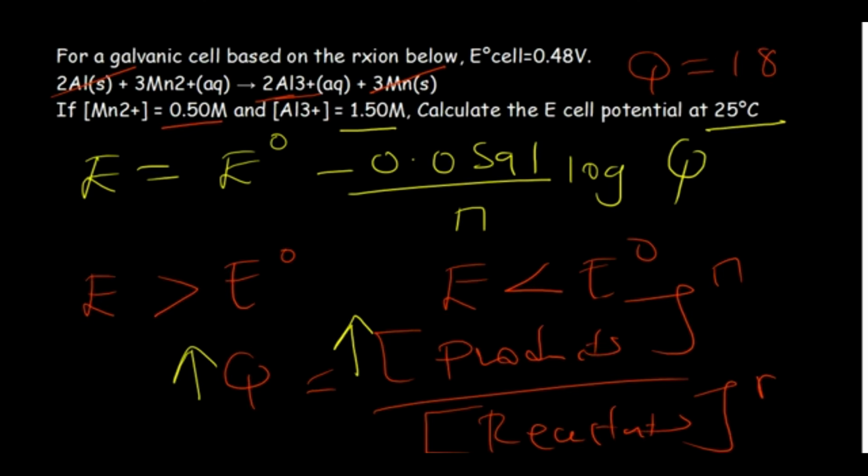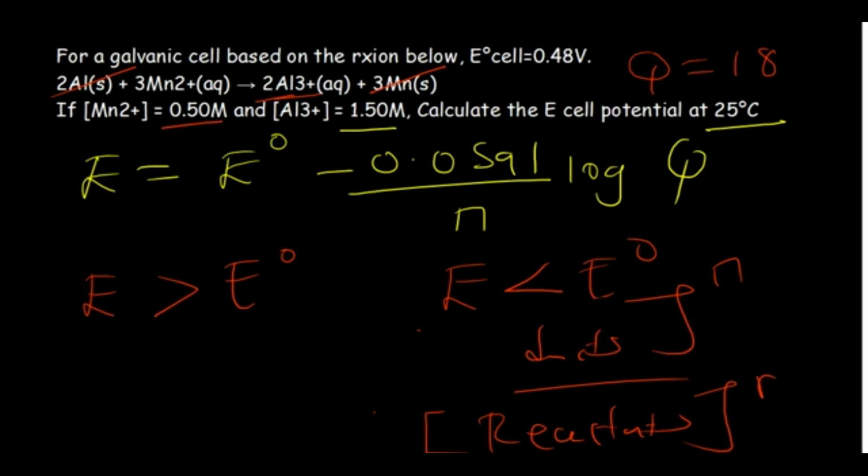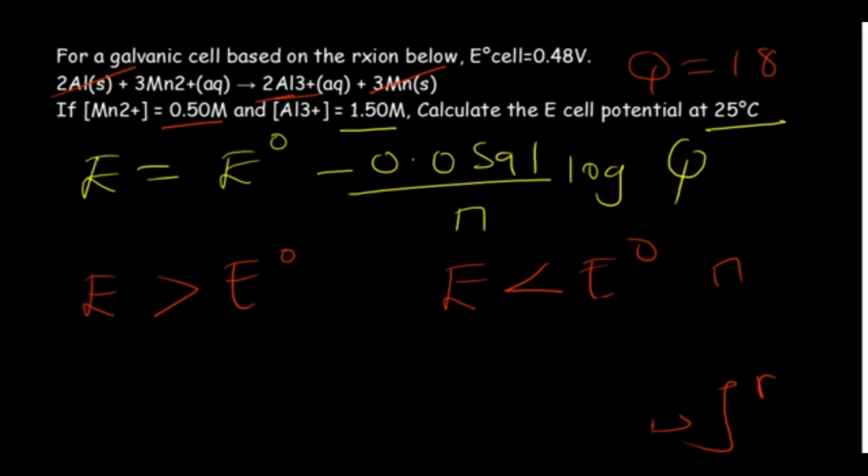And what does that mean? How is it going to affect our non-standard cell potential? When you increase the reactants, you're going to favor the forward reaction, which means the cell potential will be greater to move the electrons because of the greater concentration.